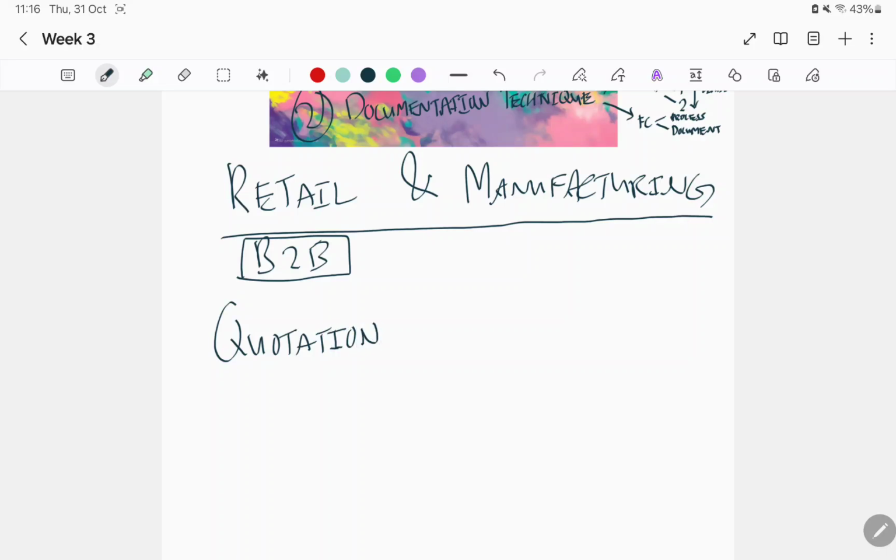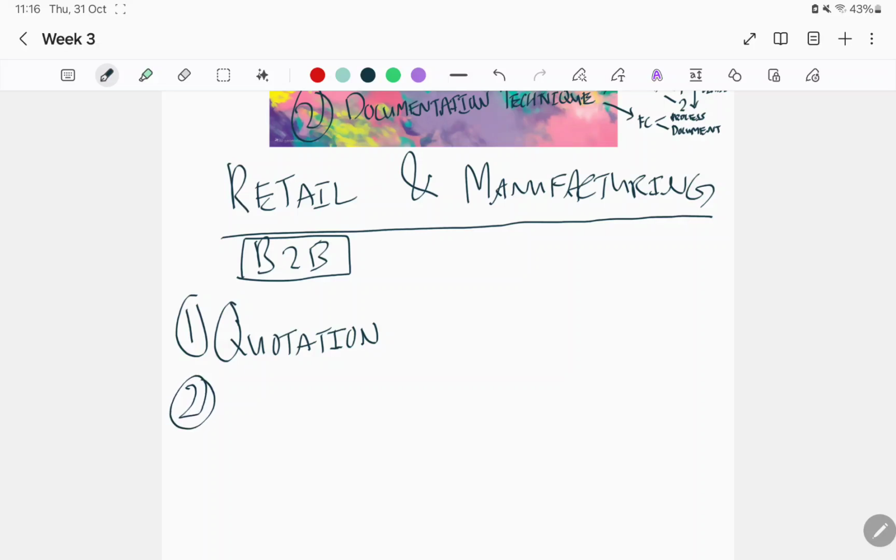Some systems don't have quotations, depending on your business process. But logically thinking, you will start with quotations. You quote the person: you want to buy 100 units of a certain product, could you give a better quotation? So quotation would always start first.